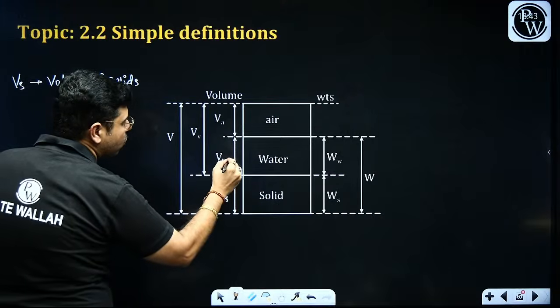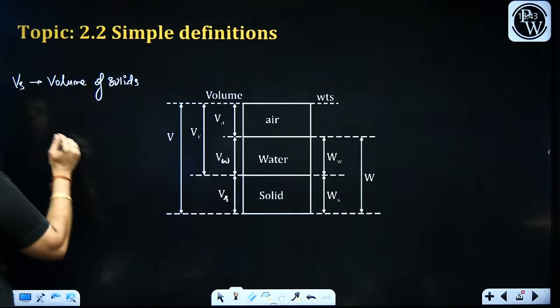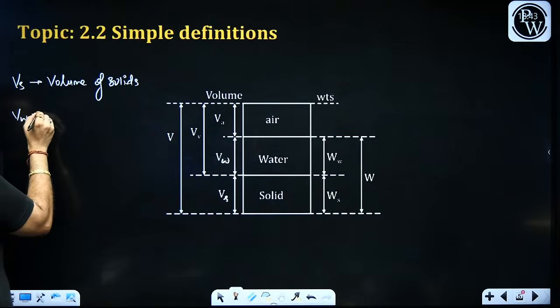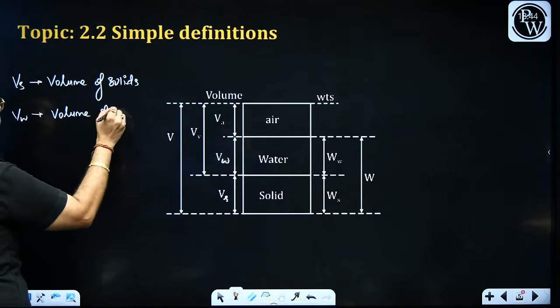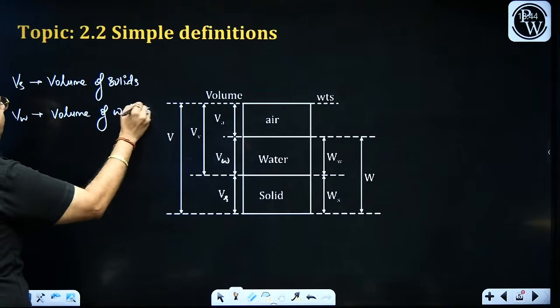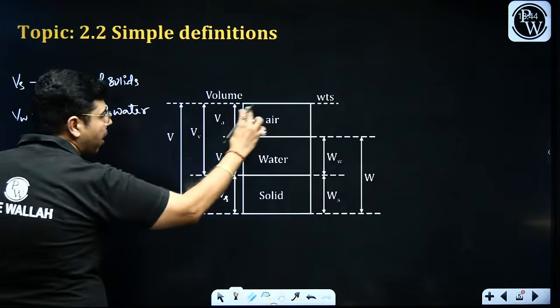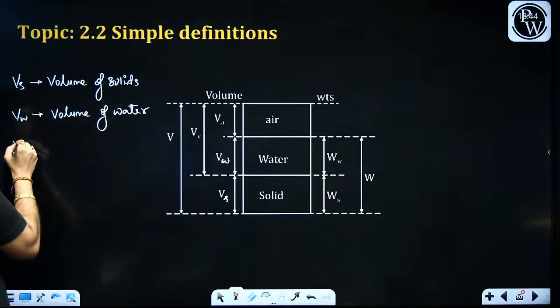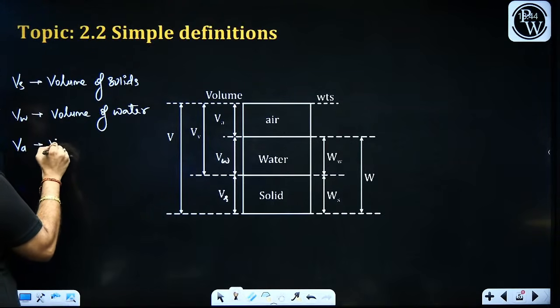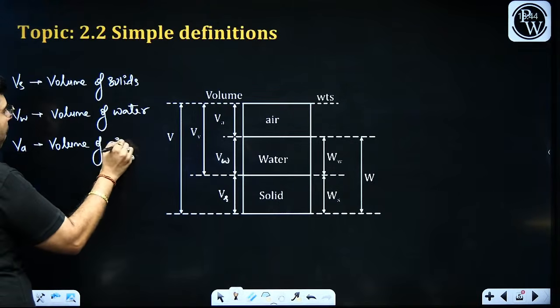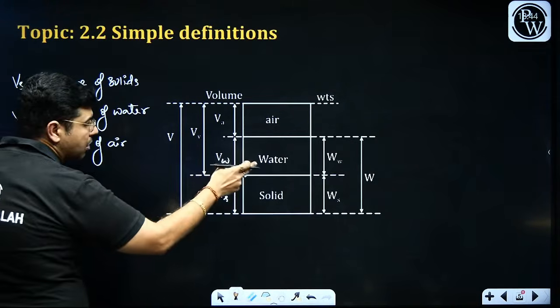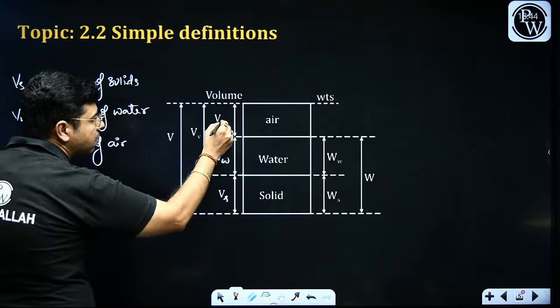Vw, this much water has Vw volume, the volume of water. Va, volume of air. This water and air is in voids.